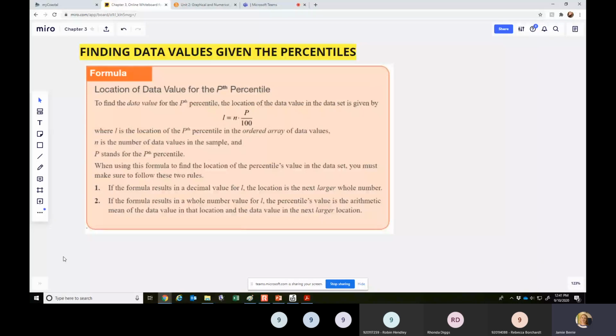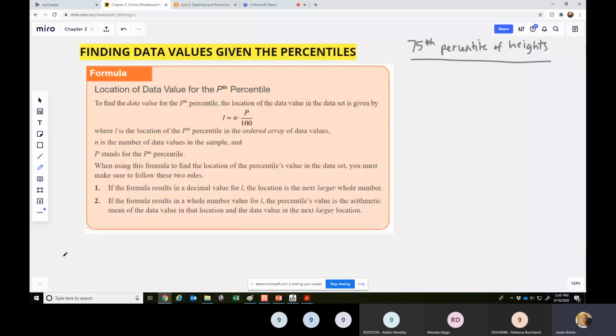Let me first tell you what percentile means. I'm just going to do an example here, because I think it's much easier to understand if I write it out. Let's say you were talking about the 75th percentile of heights. You might also see this on any kind of standardized test.